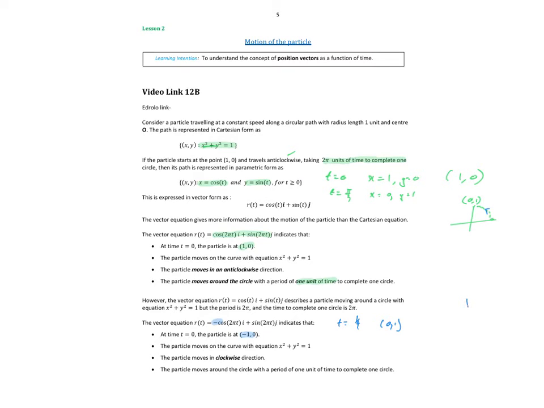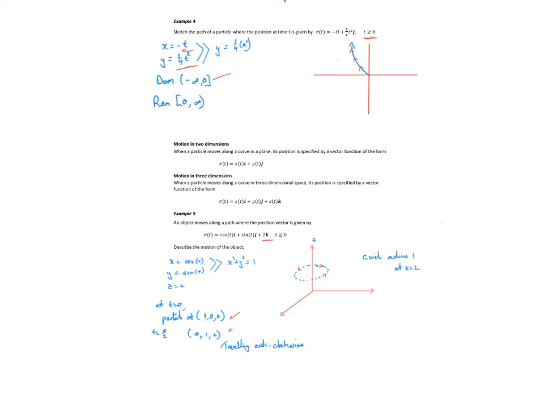So we start at (-1, 0) and go to there. So I'm travelling in a clockwise direction that time. Let's have a look at some more practical applications of it all.